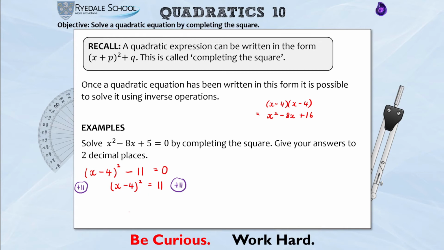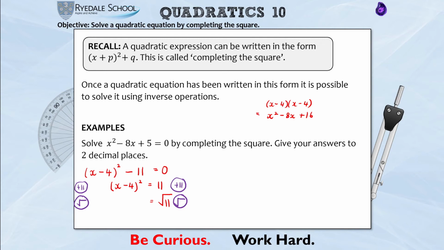What I will be doing next is the square root of both sides of the equation. And I can do that because all of the x − 4 is being squared. So I will write this with a little square root symbol saying I'm doing the square root of both sides. Now this is where it's really easy to lose one of your answers, because when you do the square root of a number, there is a positive answer.